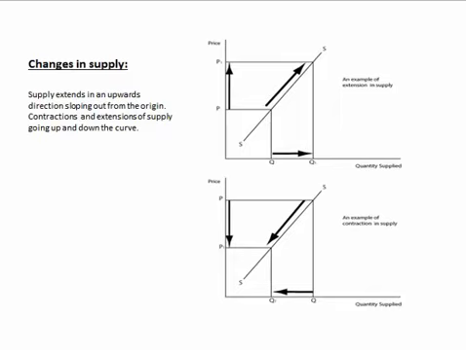There are two examples there, one of which is an extension of supply. The other is an example of contraction in supply. From the extension, we'd extend from P to P1 and Q to Q1, going up the supply curve as denoted by the arrow. And from a contraction in supply, we'd move down the supply curve from P to P1 and Q to Q1, as denoted in the bottom right.